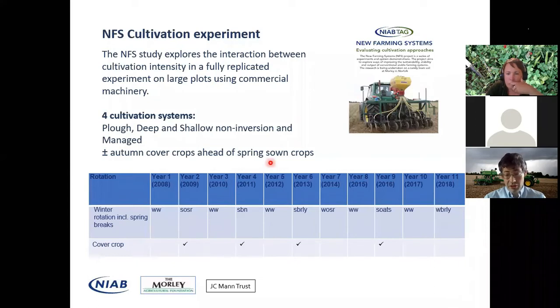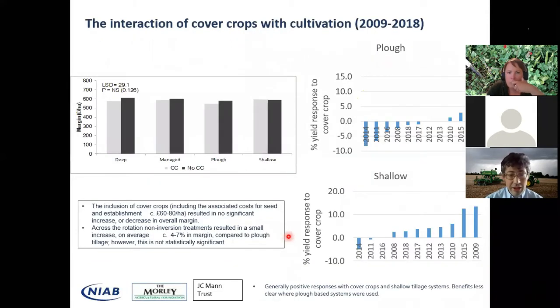Just to focus on a couple of the results, mainly on margins and crop performance. Margins we basically calculate as the output minus the variable costs and the in-field machinery costs.